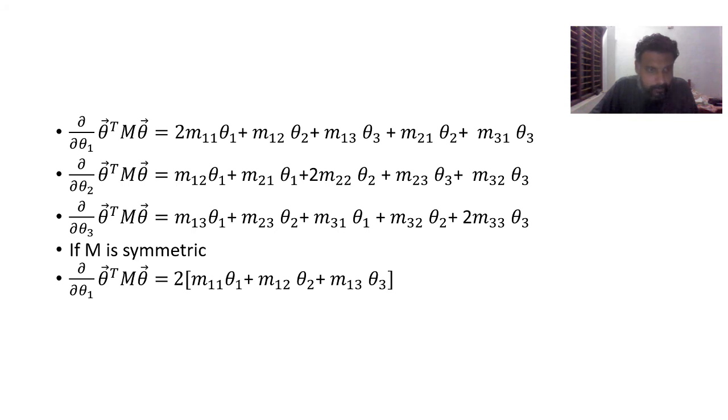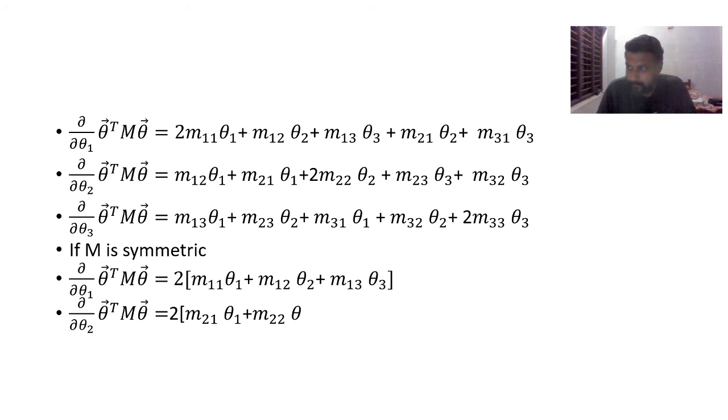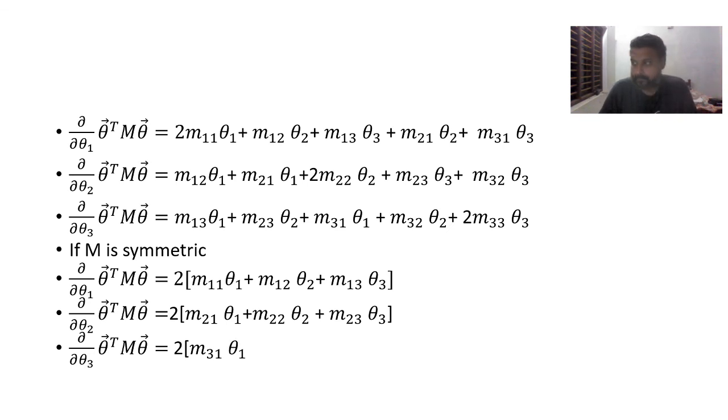Similarly, dou by dou theta 2 of theta transpose M theta will be 2 into m21 theta 1 plus m22 theta 2 plus m23 theta 3. And the third case, dou by dou theta 3 of theta transpose M theta is nothing but 2 into m31 theta 1 plus m32 theta 2 plus m33 theta 3.